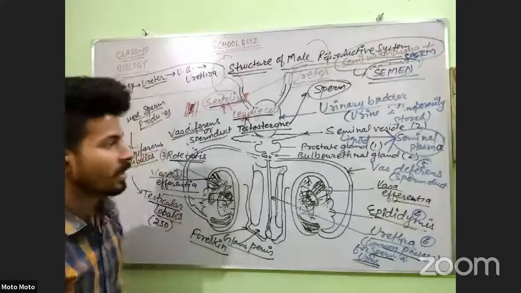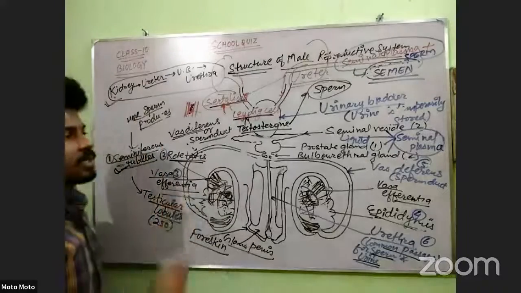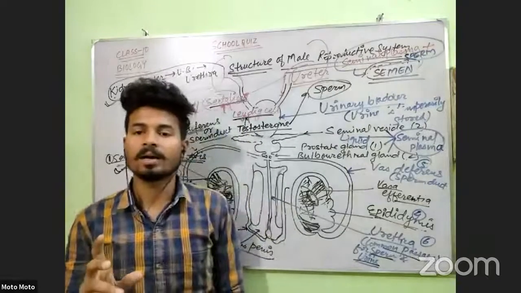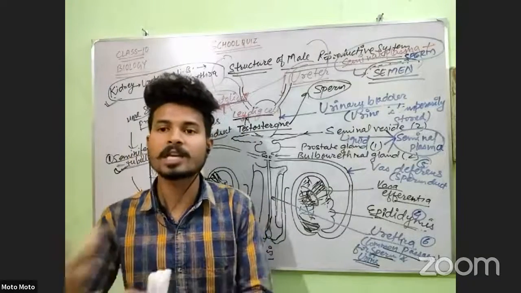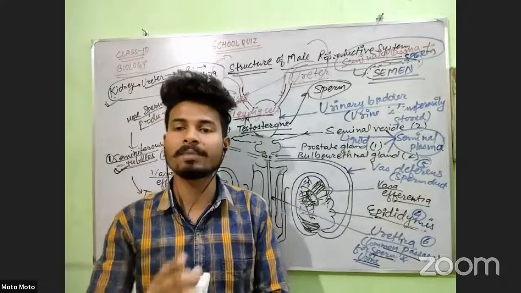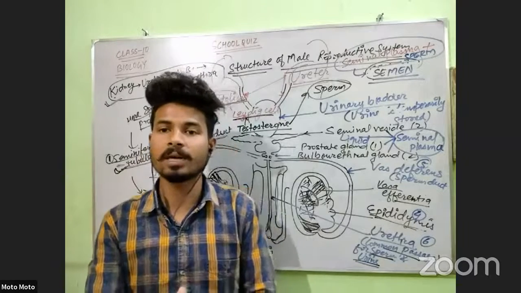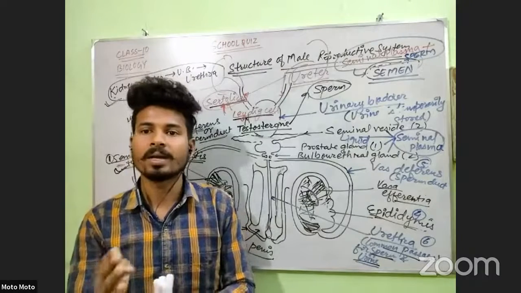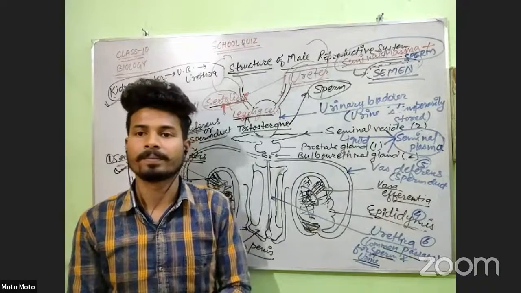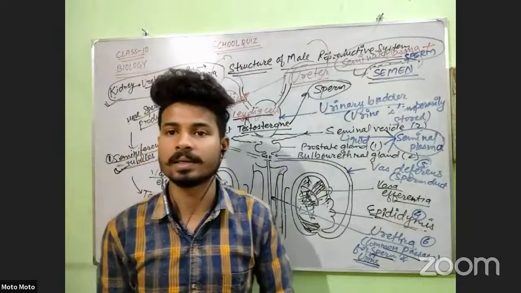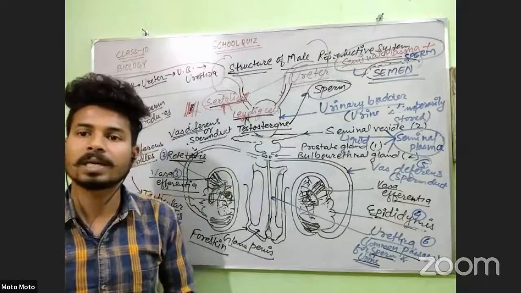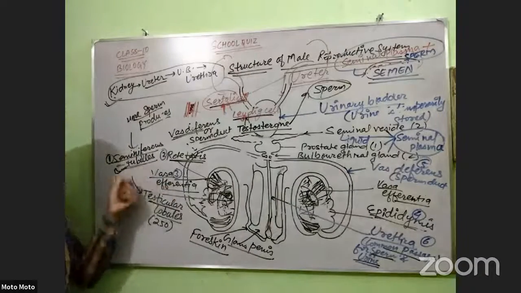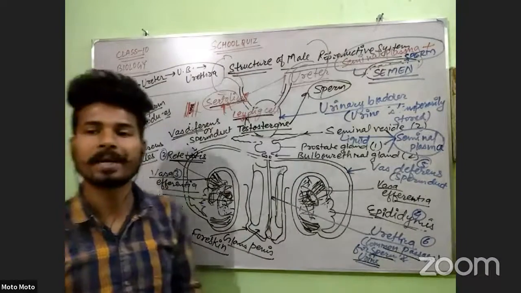If we are asked the sequence of ejaculation of sperm, then what will be our answer? Anyone? Can you say the sequence of sperm ejaculation, as I have taught you in a numbering way?